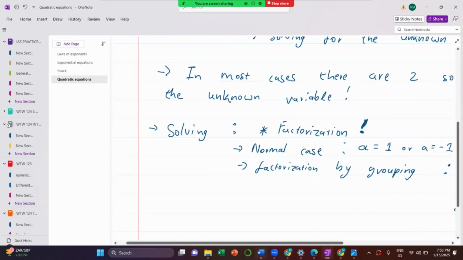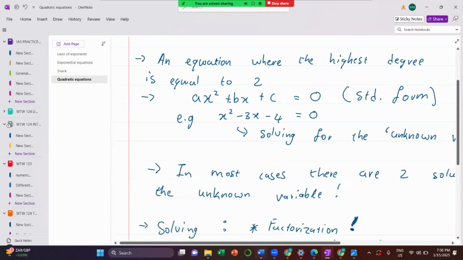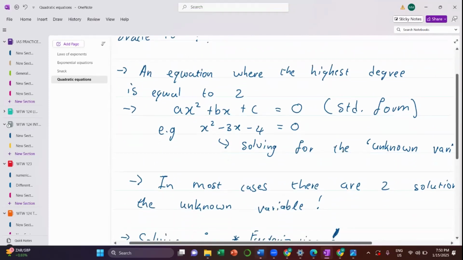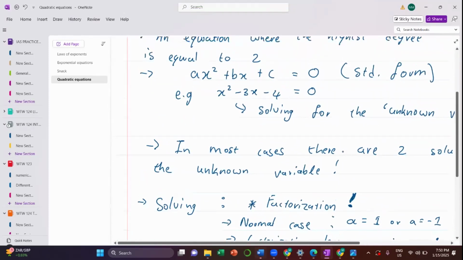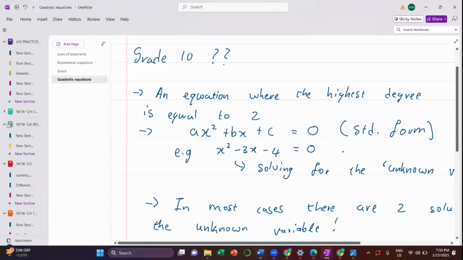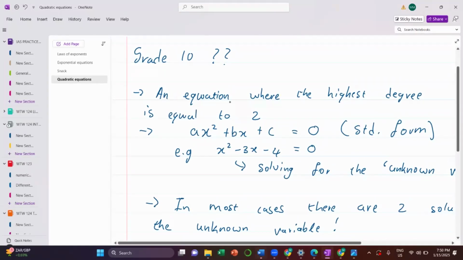But I just wanted you guys to remember what you have on factorization. Are you guys okay? Yes, sir.